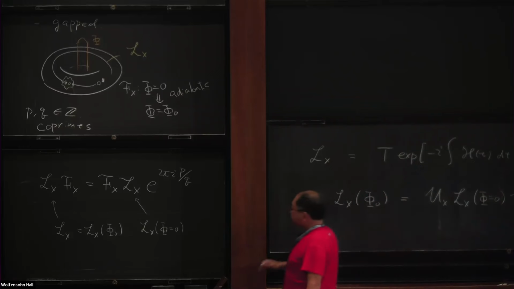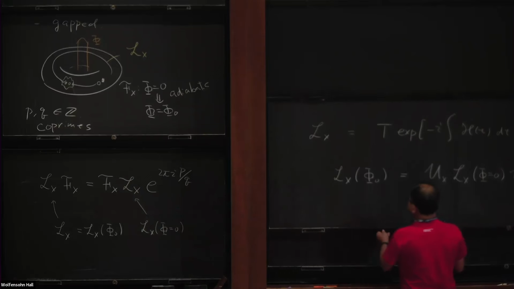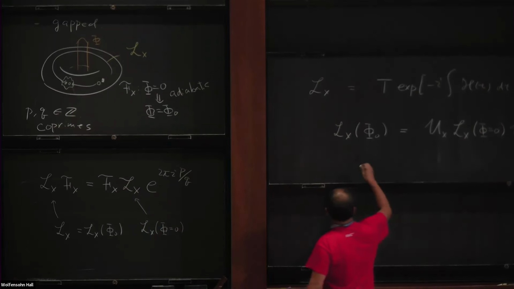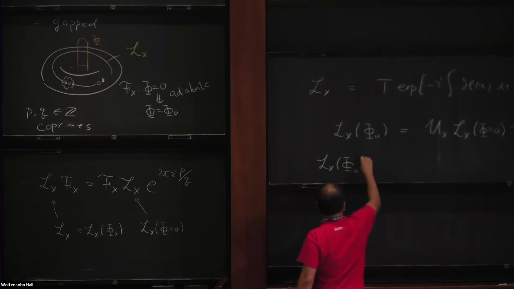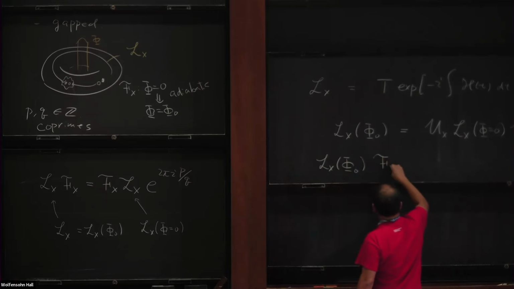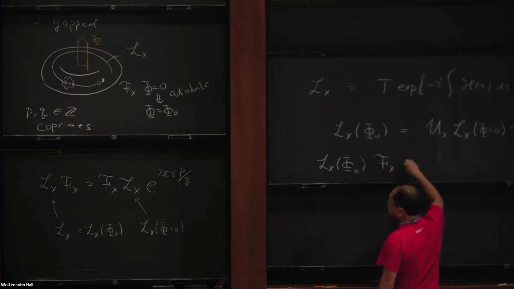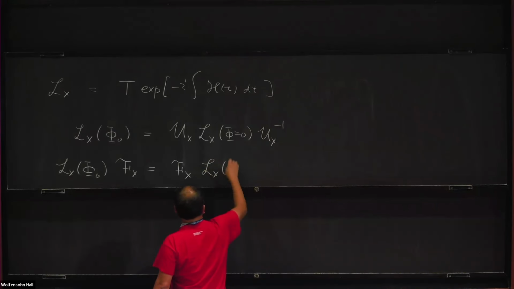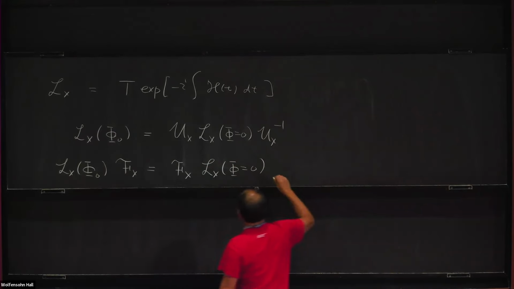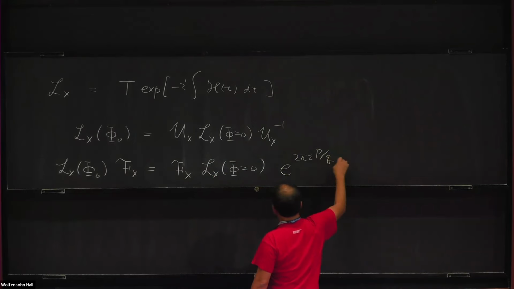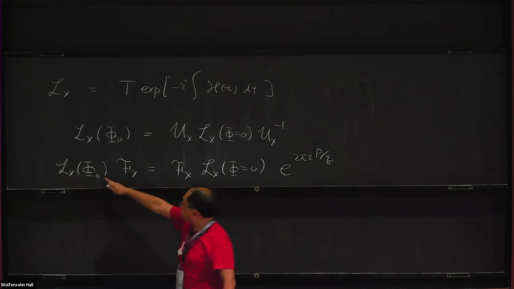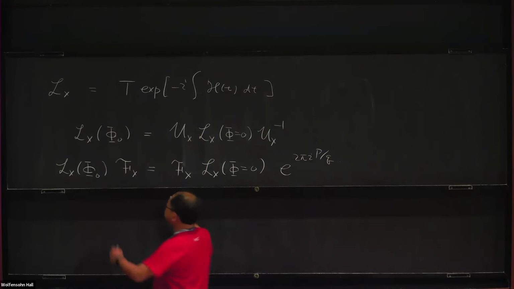So using this, you can rewrite this equation. More precisely speaking, Lx phi 0 Fx is Fx, and you can replace this with this gauge transformation form.